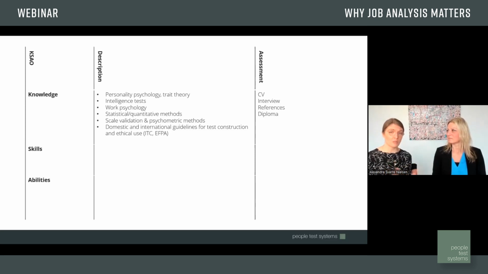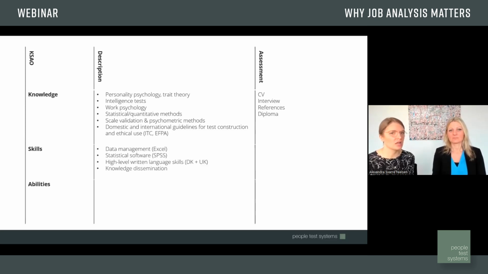So if it, for example, was a psychologist, I would look for the subject that they covered in quantitative methods. At least in Denmark, it's actually possible to skip almost all quantitative methods in university. I would also look for subjects on personality psychology, work psychology, and stuff like that.